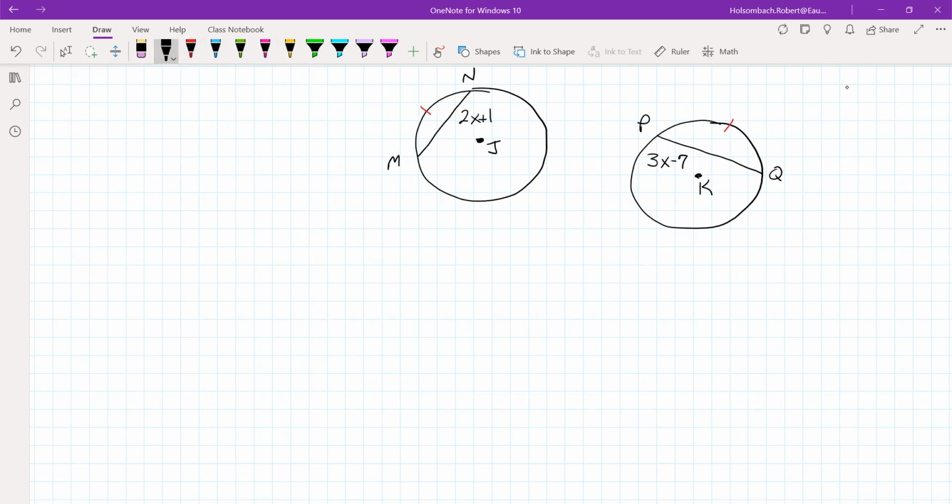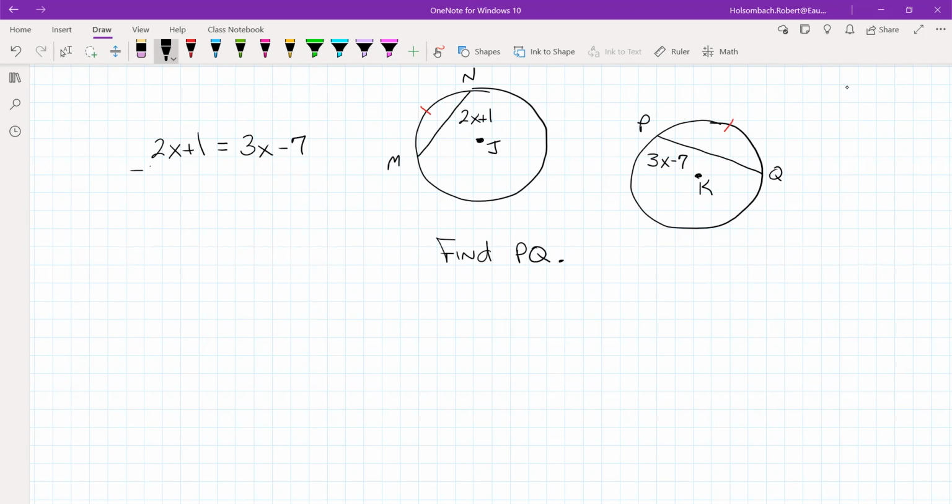So what we can say here is that 2x plus 1 is equal to 3x minus 7. And it asks you to find PQ. So if we have to find PQ, well, then we got to solve for x first, and then we have to substitute.